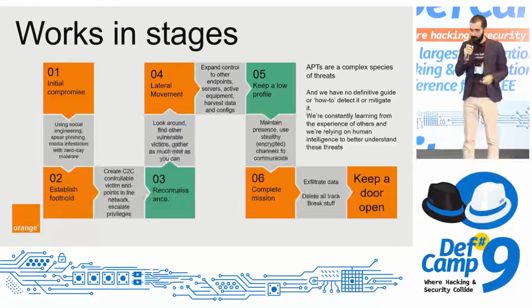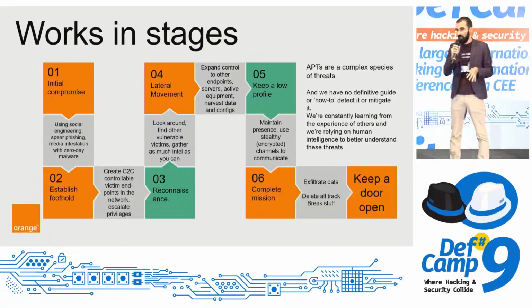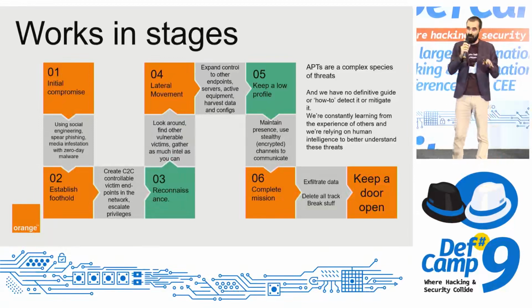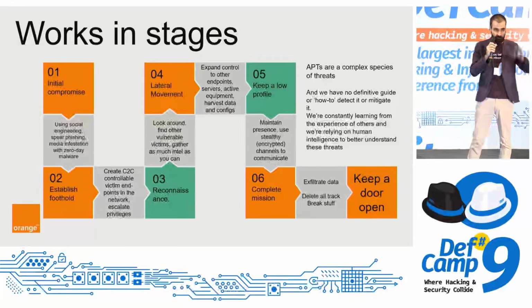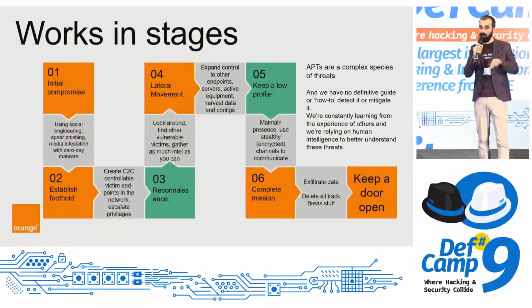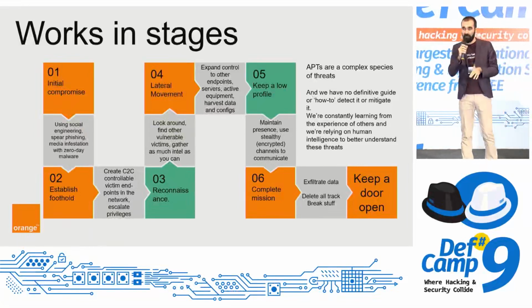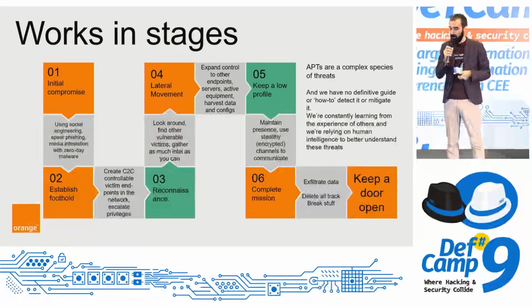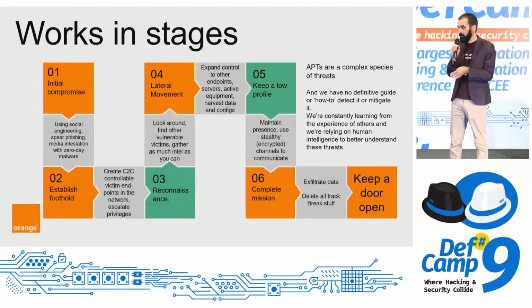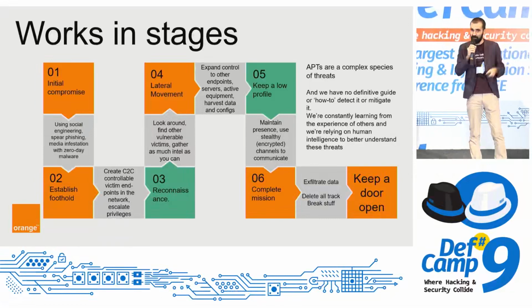We're going to see in a couple of slides that in some cases, you have APTs that are laying dormant for years on end in networks, like very high-profile cases, or they keep doing the bad thing that they are supposed to do for 2 or 3 years. And in the end, they complete their mission. They exfiltrate data, they break stuff, and sometimes they do keep a backdoor open. Maybe they want to return to the scene of the crime.